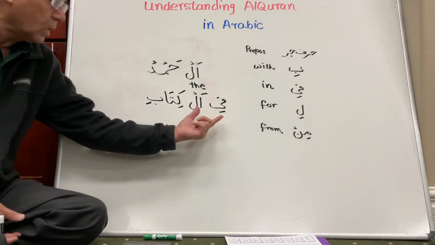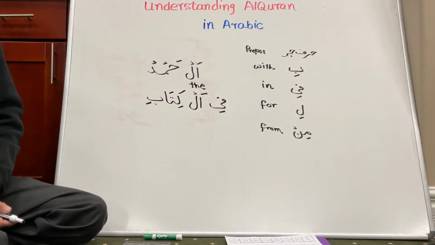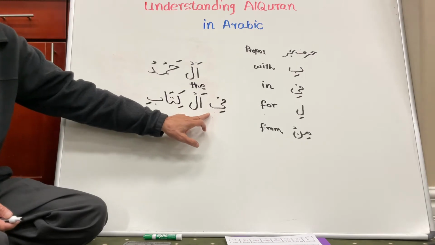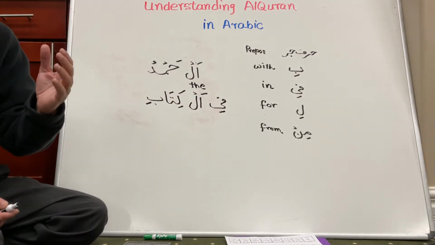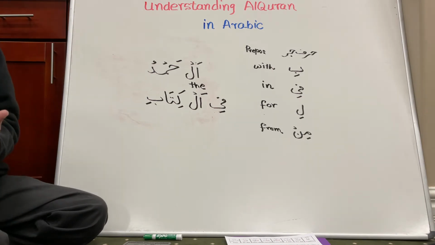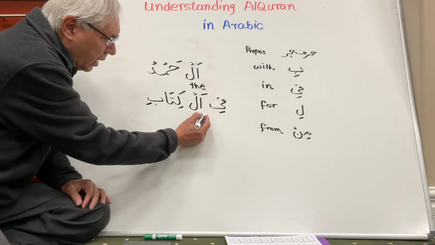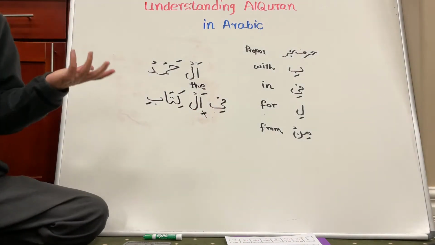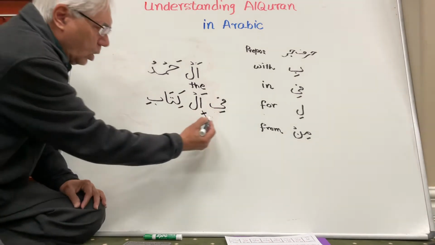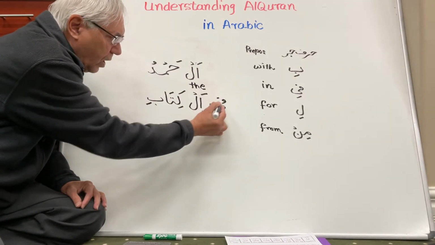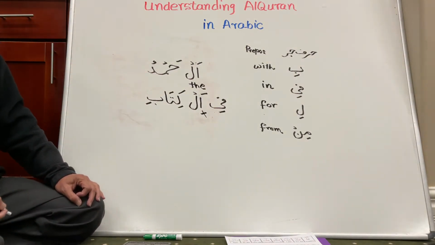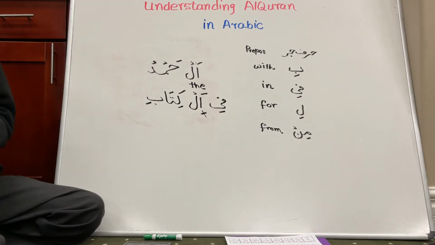Now if you try to pronounce fi and al-kitabi, typically you are going to lose your breath in between. You have to say fi al-kitabi. So what the Arabs did, in order to speak faster, they throw away this alif here, because alif is just a sound, and also throw away the sound of ya. So fi combines with lam: fil kitabi. It becomes faster to pronounce.